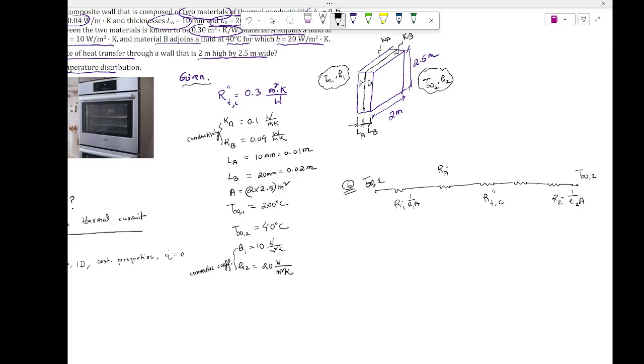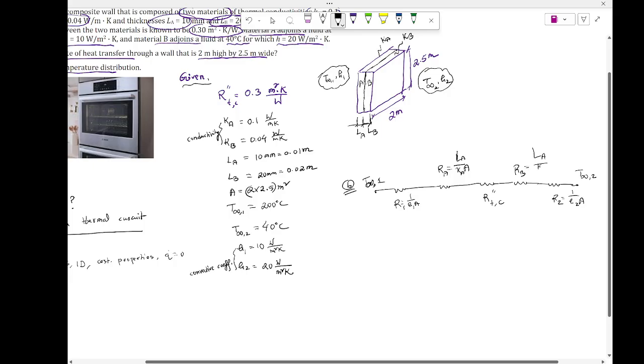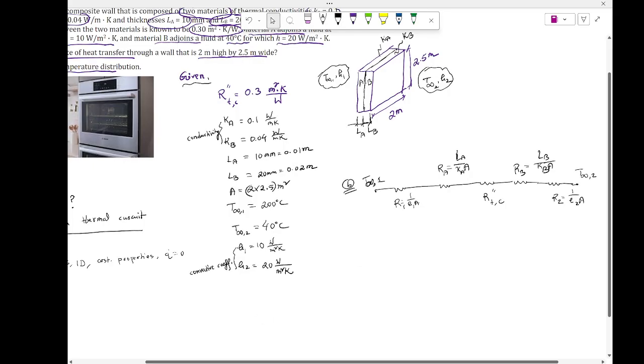And this is for the solids, A and B: LA over KA A. You see, A is a subscript here, don't get confused with the A. This one would be LB over KB A, and this A that I'm writing next to KB is the area. Any question? All right, so that part is done for sure.